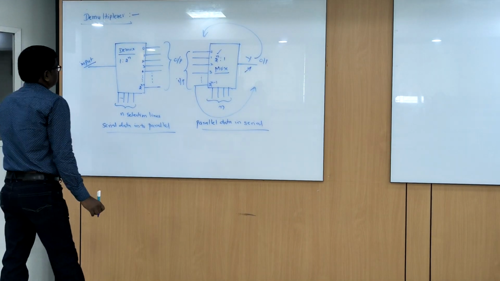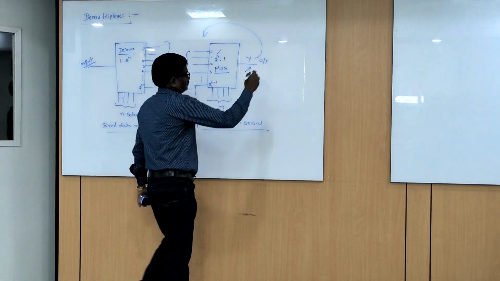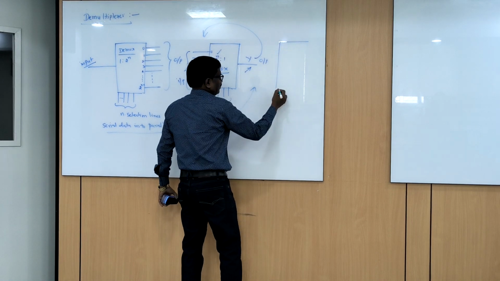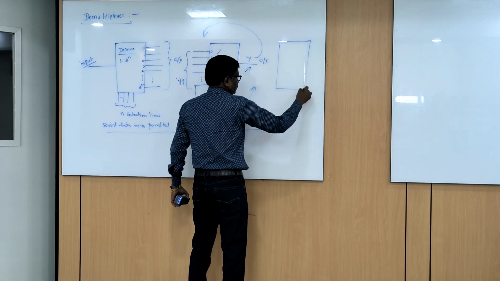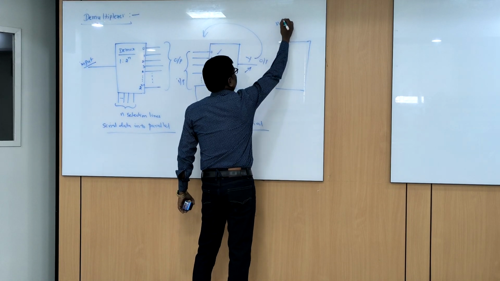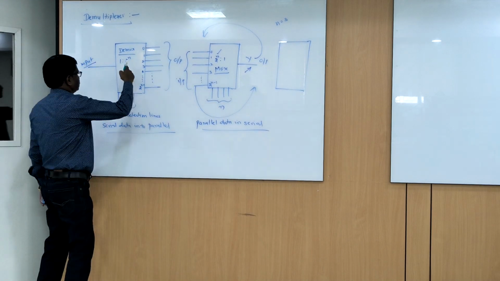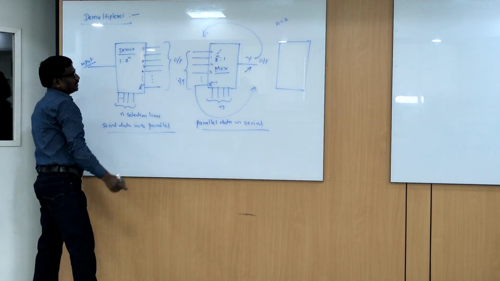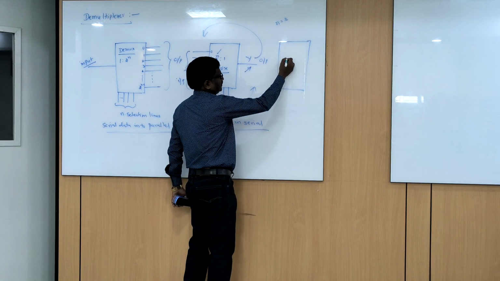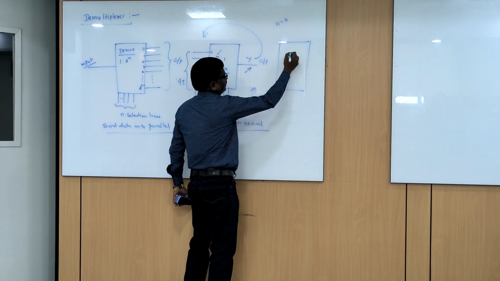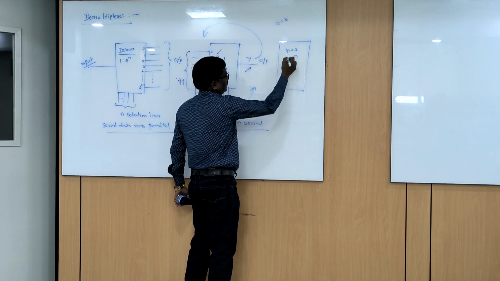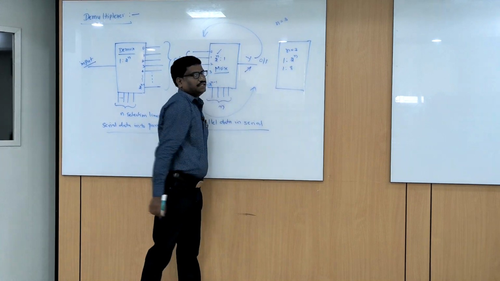Example demultiplexer. If I take n equal to 3, 2 power 3 is 8, so it is a 1 to 8 demultiplexer.